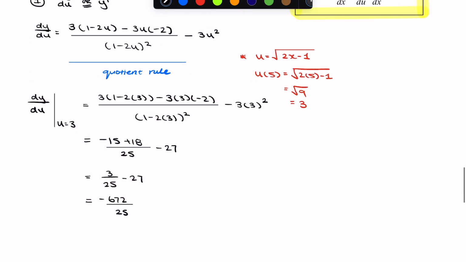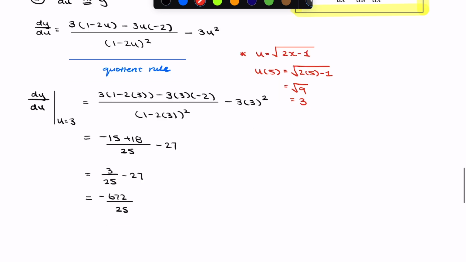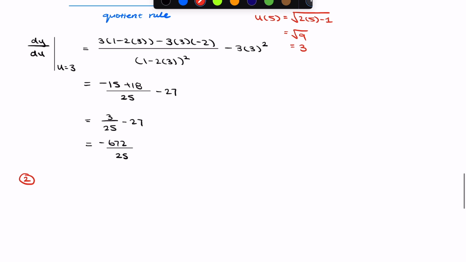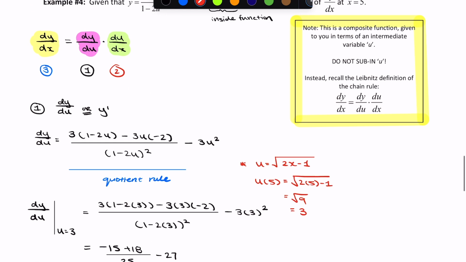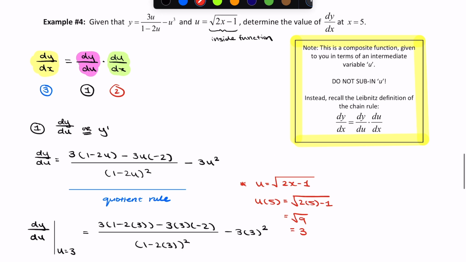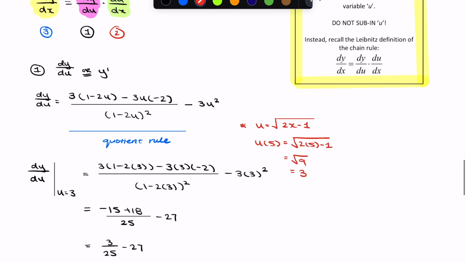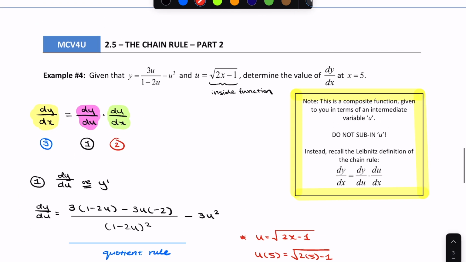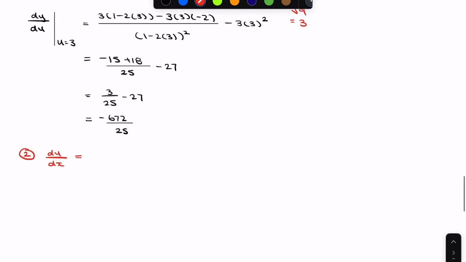For the second, we're going to find du over dx, since we can rewrite it as the square root of 2x minus 1.